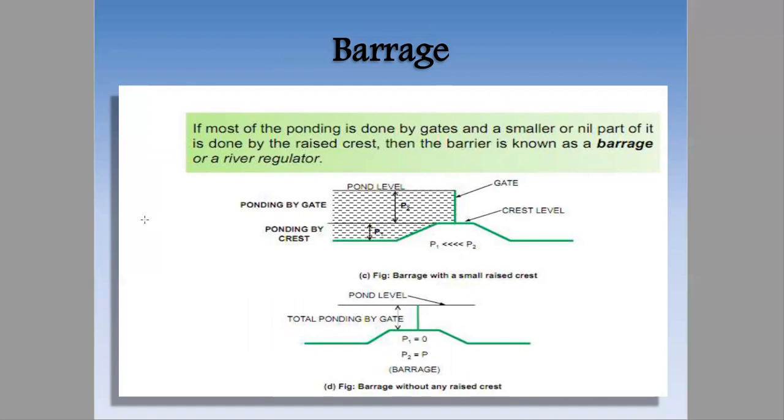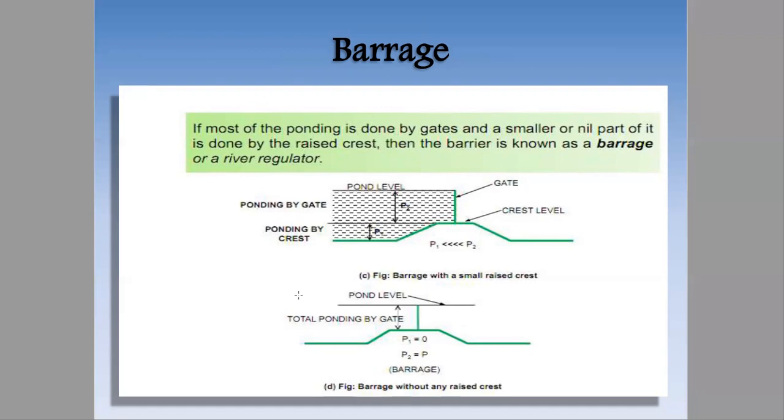Okay, it is just the opposite of a weir in design. In a weir, the major portion is a raised crest and only a few or no parts have gates, but here the major portion has gates and only a few or no parts are with raised crest.